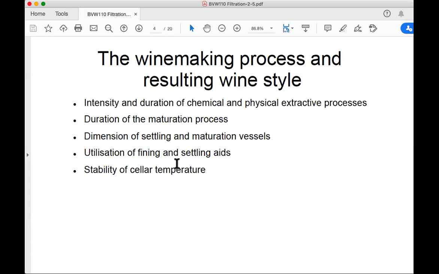Other winemaking inputs that would make a difference would be things like the utilisation of fining agents and settling aids. Many fining agents, which we talked about last week, have clarification impacts as well. Bentonite, for example, is a very good clarification agent.